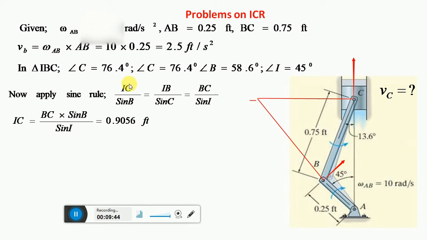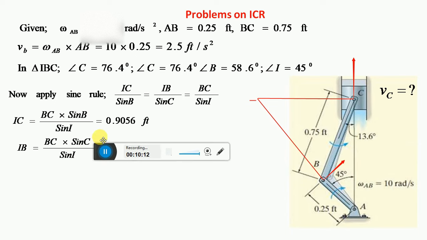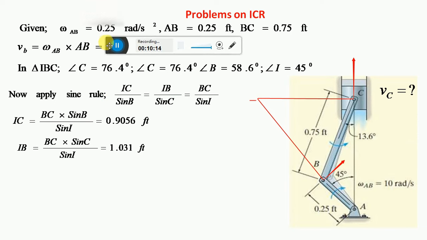IC can be found by comparing these two parameters. After comparing, we get IC is equal to BC sin B over sin I. Putting in the values of angle B, angle I and BC, we get IC is equal to 0.9056. Again, we can find IB by comparing these two, and we get IB is equal to 1.031 feet.